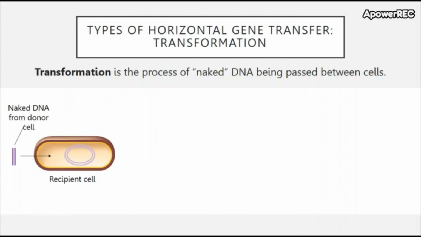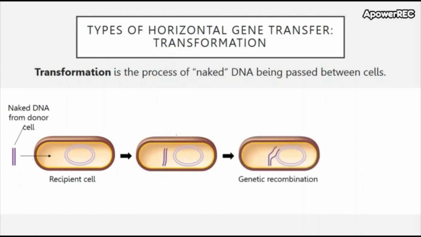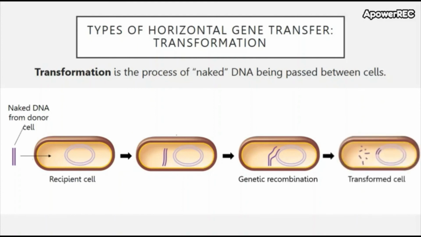So in this figure, we see that here is some naked DNA from a donor cell at one point, and the recipient cell takes up this DNA strand, and then through a process called genetic recombination, it recombines the two pieces of DNA together to make one piece of DNA. So here we can see that this naked DNA gets absorbed into the cell and then integrated into the genome of the recipient cell.